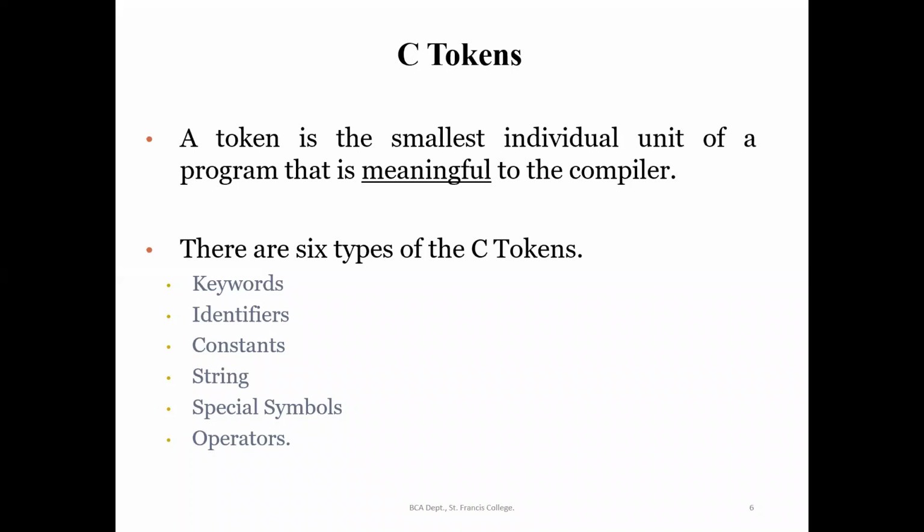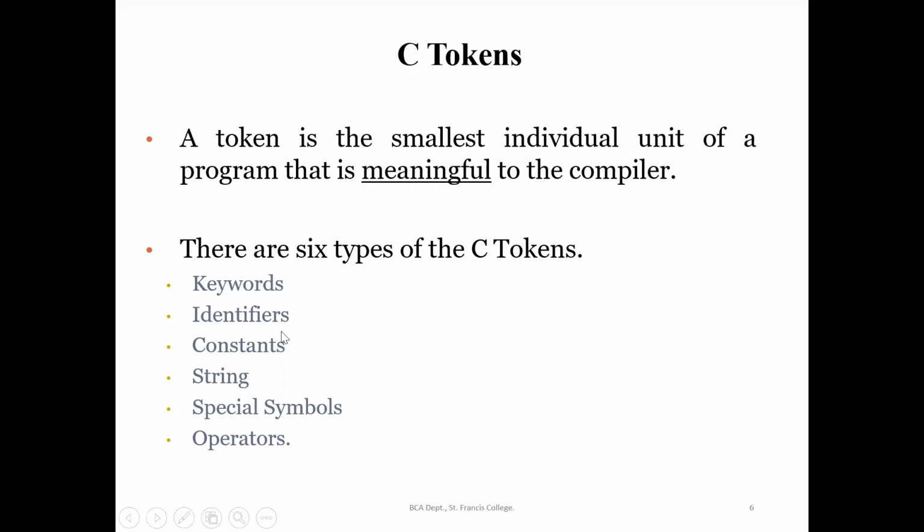It will understand only the words given in any of these forms: either a keyword, an identifier, a constant, a string, a special symbol or an operator. That smallest individual unit of a program which is meaningful to the compiler is known as a C token.